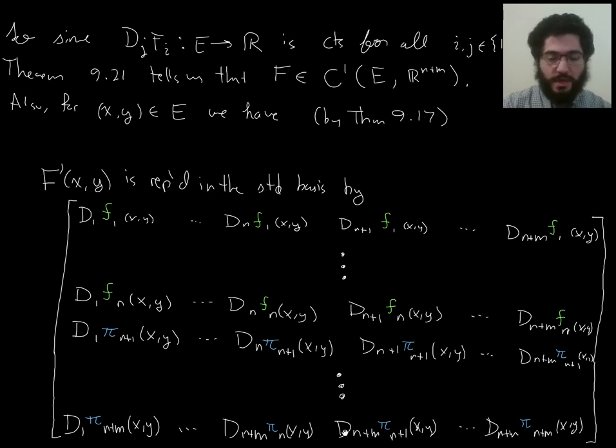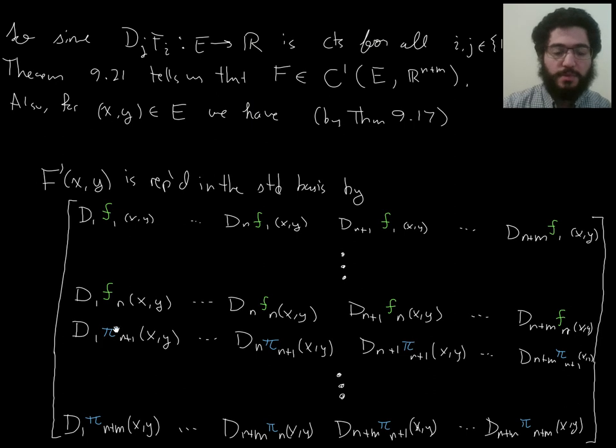And we have discussed what we think are the partial derivatives of the projection maps, pi sub whatever.